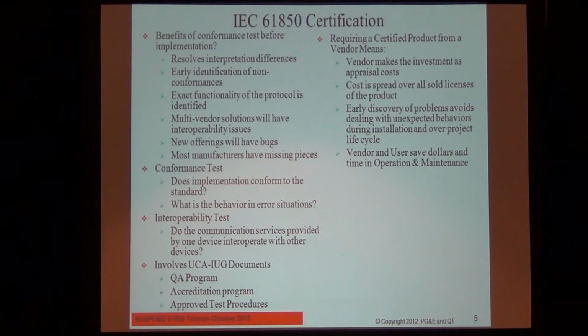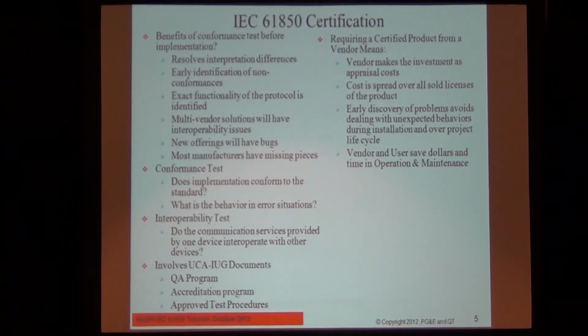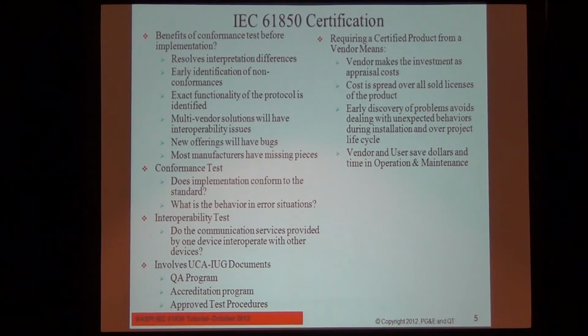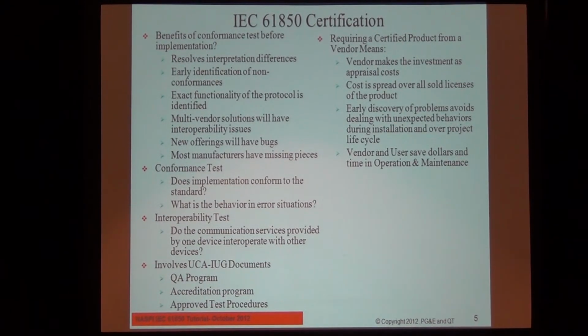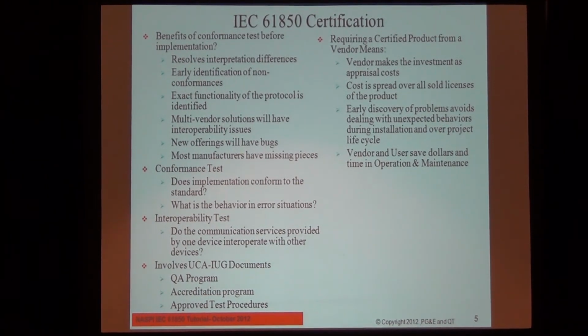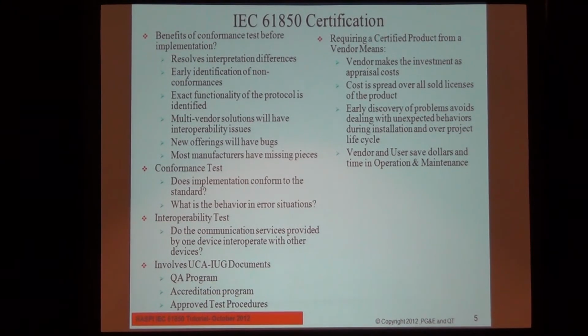Early identification of non-conformances. Quite often when you start this process of looking at a standard, even if you have been involved in writing those standards, you may interpret them differently, you may take shortcuts, and the devices, when you get to the field, may not work with each other. If you don't do conformance type testing and certification, you would do what you may call natural testing, which means in the field, under difficult conditions, and it's going to be a lot more expensive to a user.